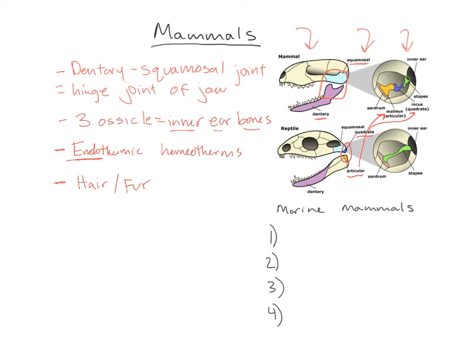They also have mammary glands, which produce milk. They have live birth, so they're viviparous. Except for a group called monotremes, like the duck-billed platypus and the echidna, which lay eggs, but they are largely viviparous. They also have a diaphragm.